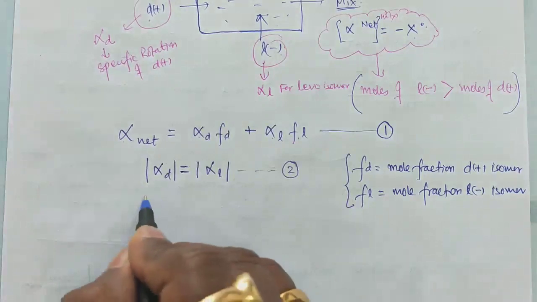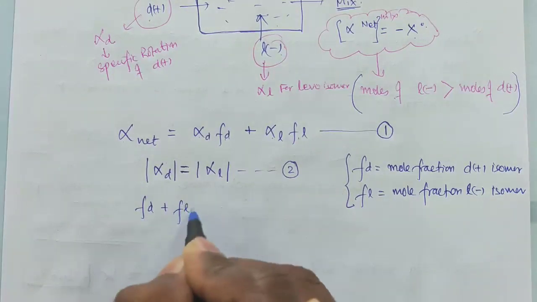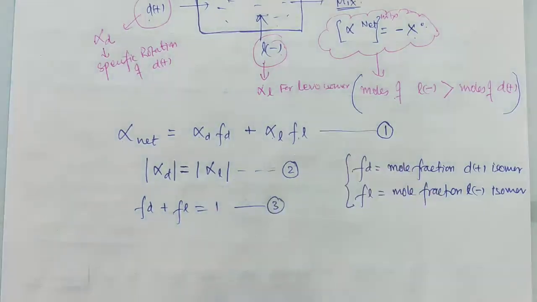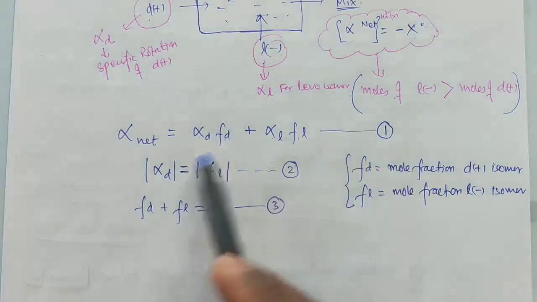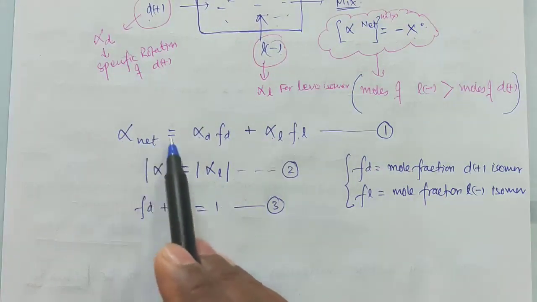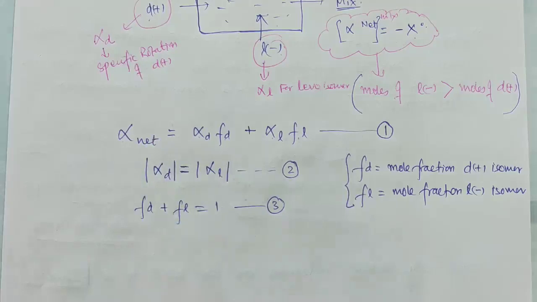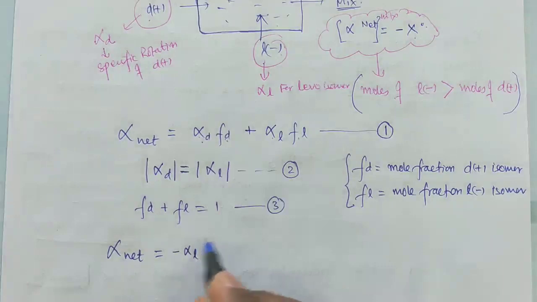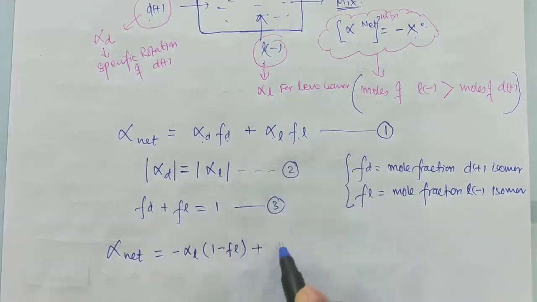And one more relation we can write, FD plus FL is equal to 1. This is equation 3. So by using these three equations, we can transform equation 1 in terms of levoisomer. So alpha net is equal to, in place of alpha D we may write minus alpha L, and in place of FD we can write 1 minus FL, and plus alpha L FL, right?